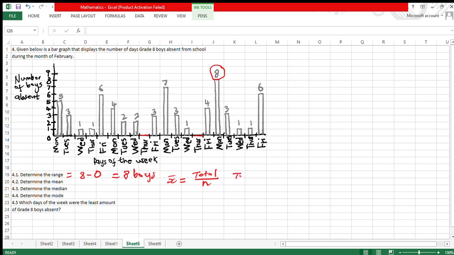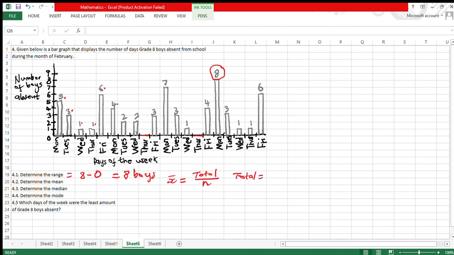So this is the formula. Let's work out the total. Here we have 5 plus 3, which is 8, plus 1, which is 9, plus 1 is 10.